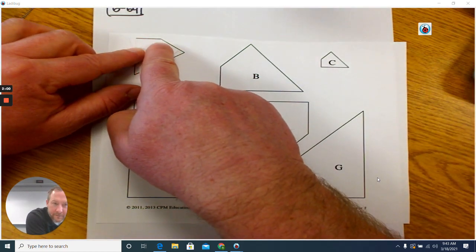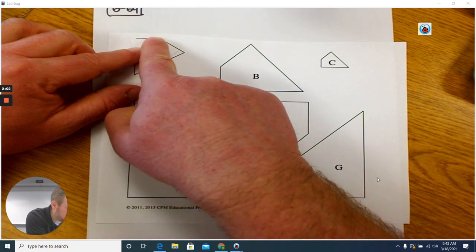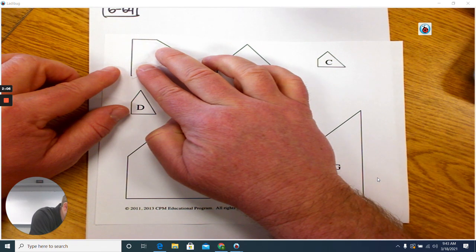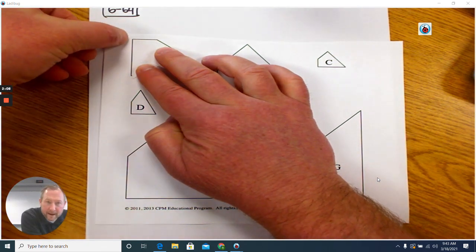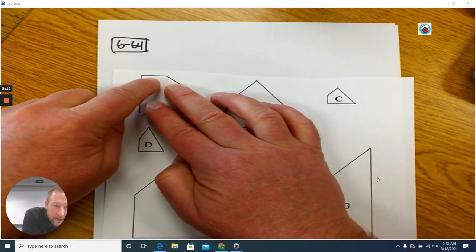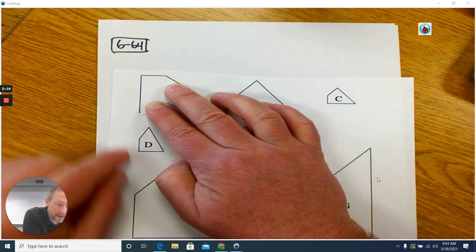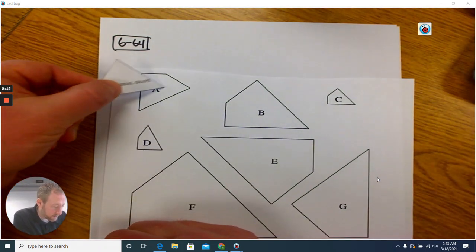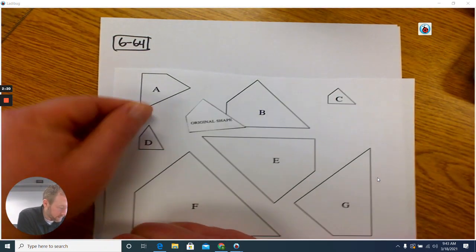That's a nice fit. So that angle matches. But when I attempt to match this one up here, and I know it's not showing up very well, it doesn't make a perfect match. So A is not similar to my original.